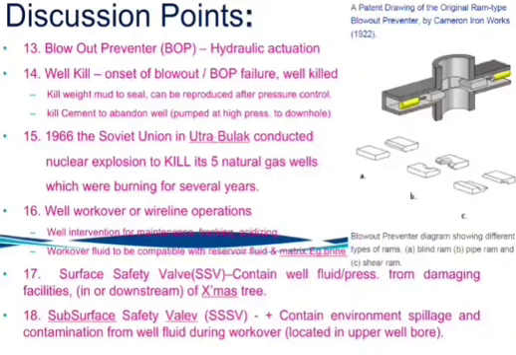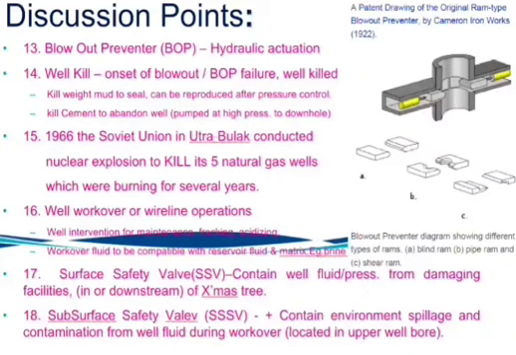The next terminology is well kill, which is basically done during the onset of a blowout or during a BOP failure. The well needs to be killed either temporarily or permanently. Killing a well temporarily is done by applying kill weight mud to seal, and this well can be reproduced after the pressure control has been established.